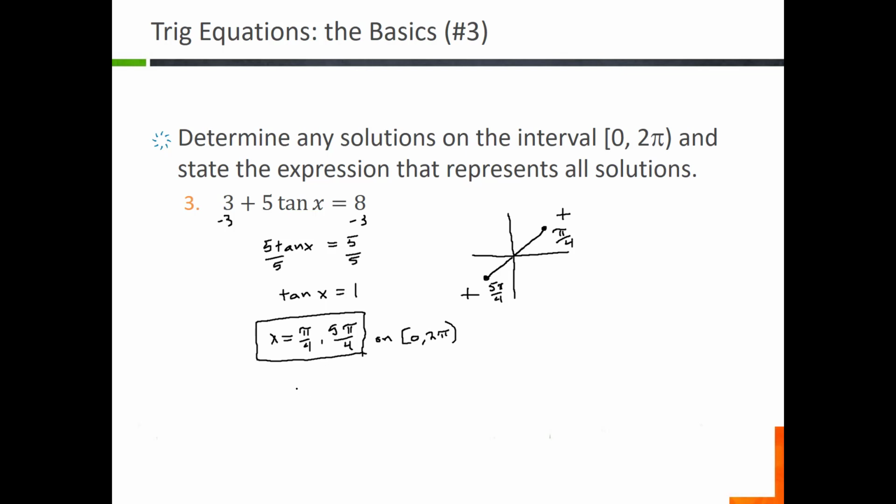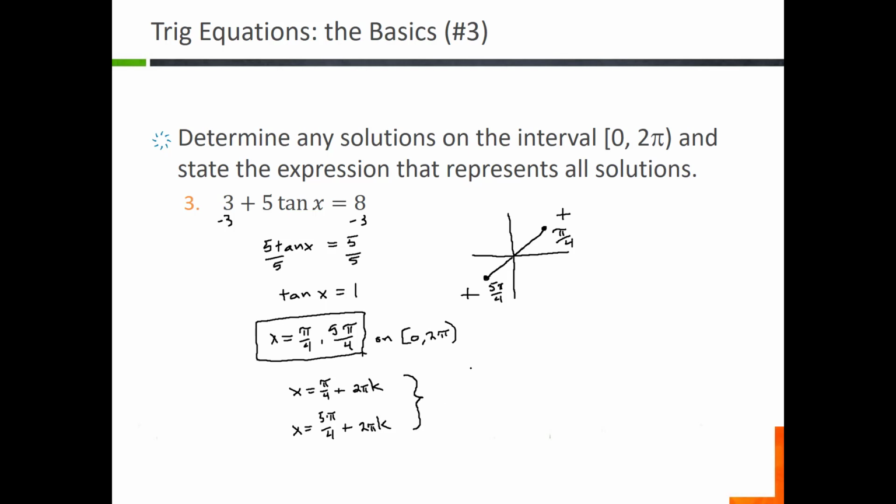One, we could take each of those solutions and add a 2 pi. So x equals pi over 4 plus 2 pi k. And then we could also say x is equal to 5 pi over 4 plus 2 pi k. But particularly with tangent, and particularly in this case, we have a better way of doing that.